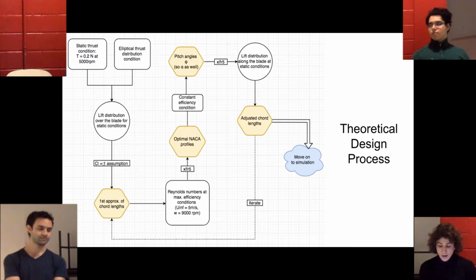That way we correct our initial assumption and we can adjust the chord length. At this point, we could iterate the whole process and keep doing it until our values converge. But what we saw is that after one pass, the chord lengths actually haven't changed much. And so we used the values that we had to move on to the simulation, which will be explained by Chad later.